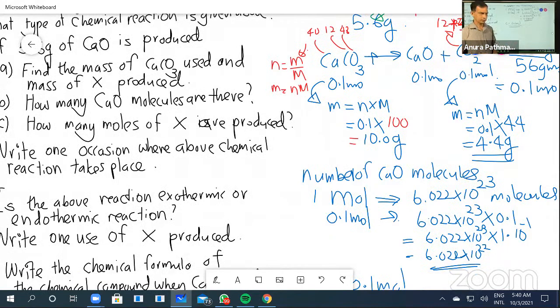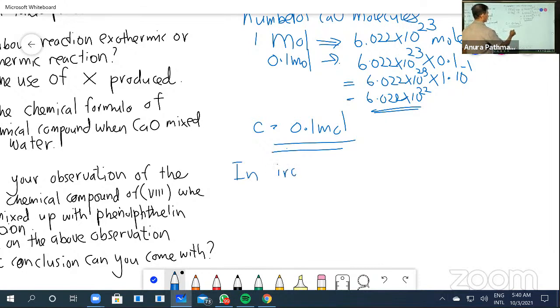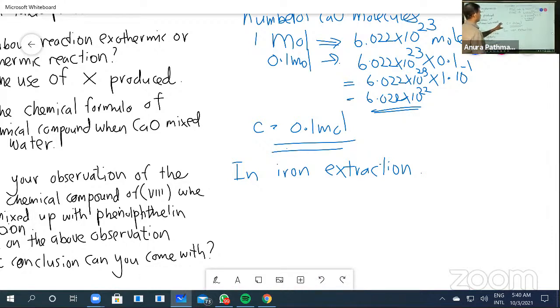In iron extraction. In iron extraction, calcium carbonate is put there and turns into calcium oxide and carbon dioxide. You can see that it is taking place in iron extraction.